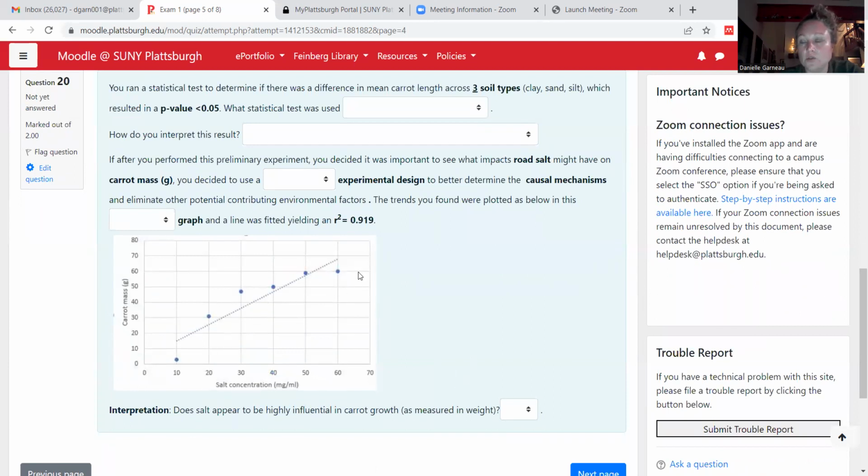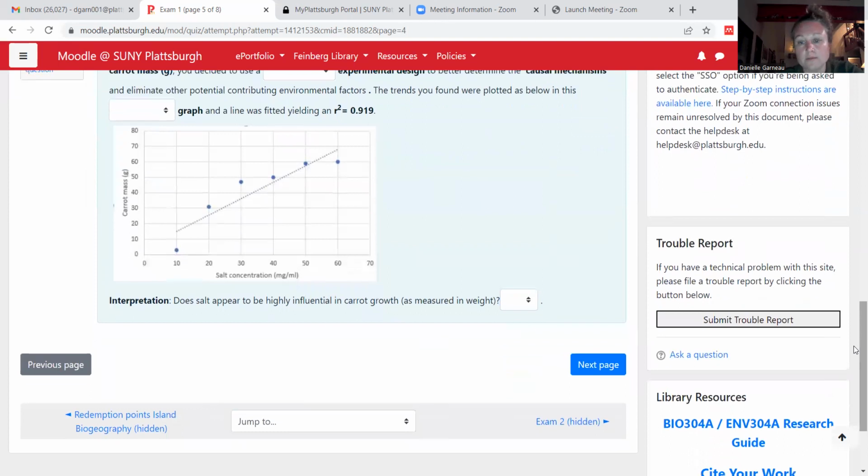If you fit a linear trend line to it, you're talking about a linear regression to see if salt caused that increase in mass. And in terms of it being influential, up here you'll see there's an R-squared value that's close to 1. Remember, anything close to 1, you picked a good variable to help determine and distinguish what caused that growth. So in this case, we would say yes, because that R-squared is close to 1.